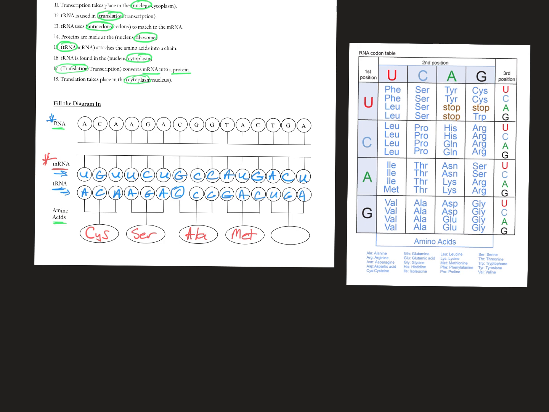And so ACU is threonine, THR. So you see, you can get radically different answers. Do you see why I wanted to make sure you had a problem like this one? Because I've seen this on an end of course exam, and I've seen kids use the anticodon instead of the codon, and they got it wrong on their practice ones.